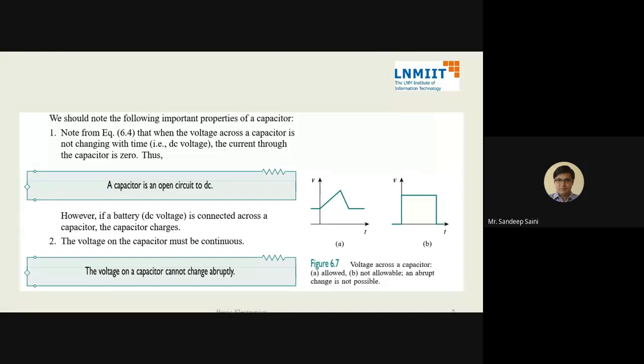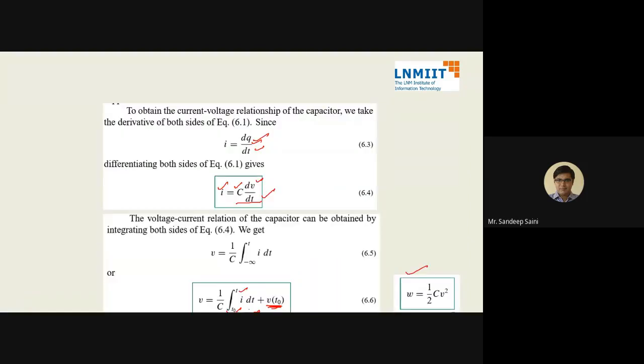If I have a capacitor voltage and we are changing it slowly, charging and discharging it and then keeping it constant, this can work. But if we want the capacitor voltage to immediately come to zero, this is not possible. Abrupt changes are not possible in the voltage. One more thing: if you look at this equation, if voltage is constant, that means dV by dt is zero, that means current is zero.